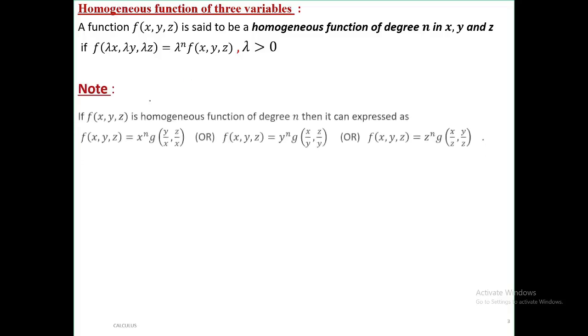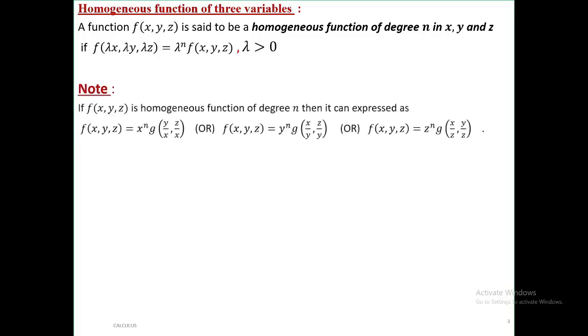Note, if f of x comma y comma z is a homogeneous function of degree n, then it can be expressed as follows. If you take x out, then y by x, z by x we will get. So it is a function of y by x and z by x. Similarly here, if you take y common, it is a function of x by y and z by y. If you take z common, x by z, y by z, like that. It can be expressed like this if it is a homogeneous function of degree n.